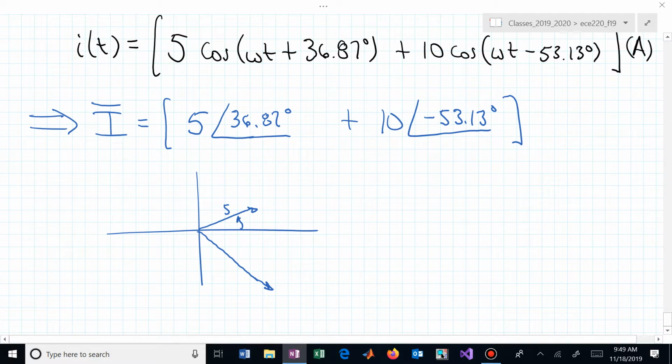This is now 36.87, and this is now minus 53.13, and that's a value of 10. You can now draw your parallelogram if you wanted to and obtain their sum vectorially or graphically. Or you could do all the projections. You could project this piece down, you could project that piece down, add those two components, and you see how far over on the real line you are.